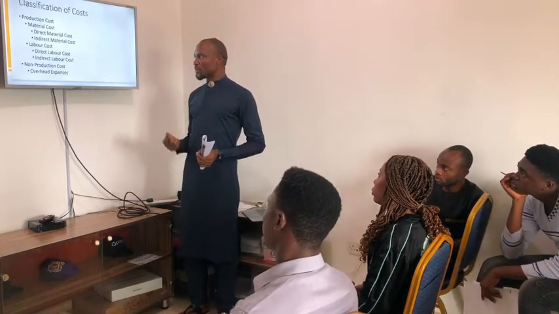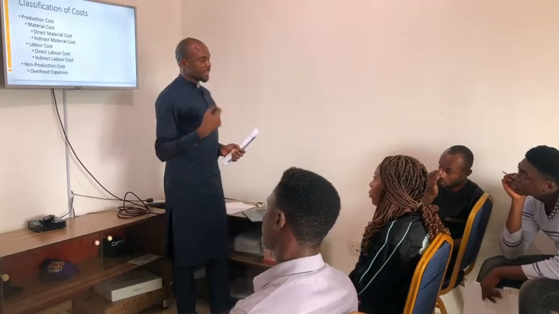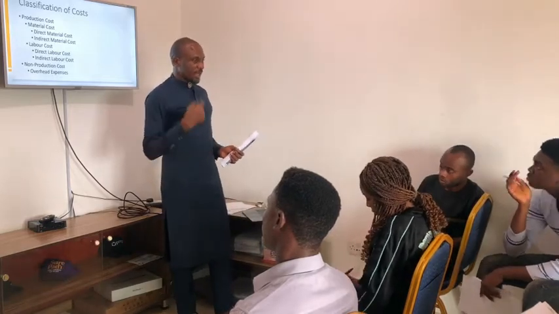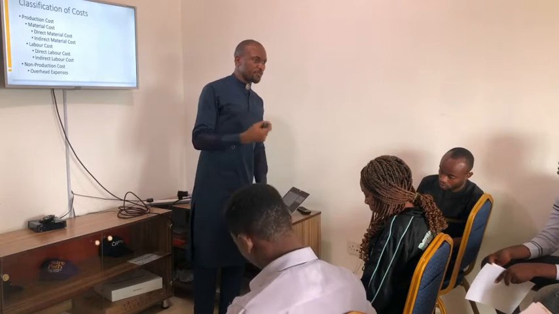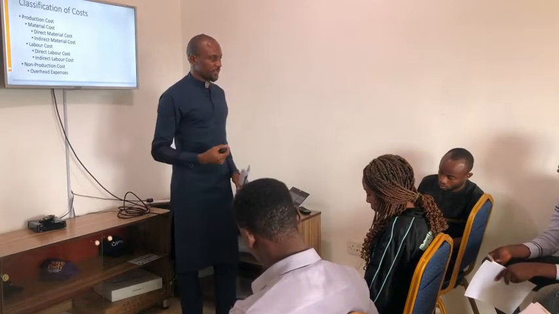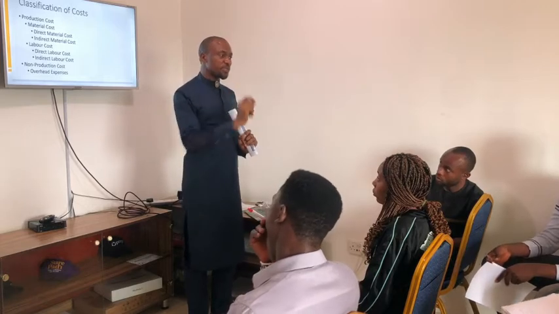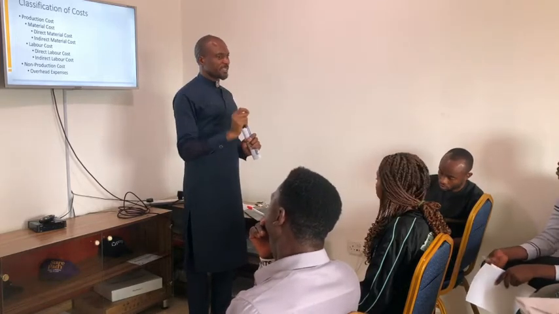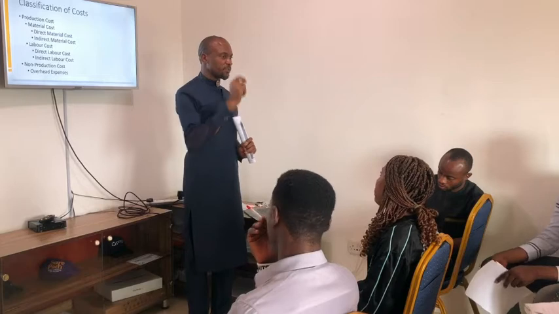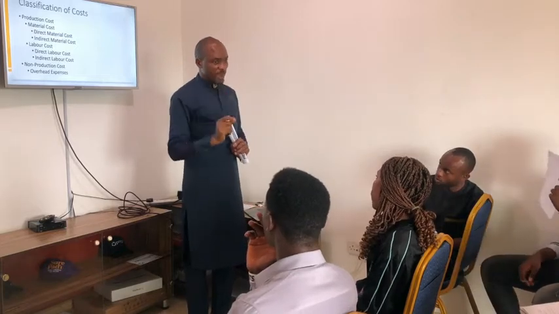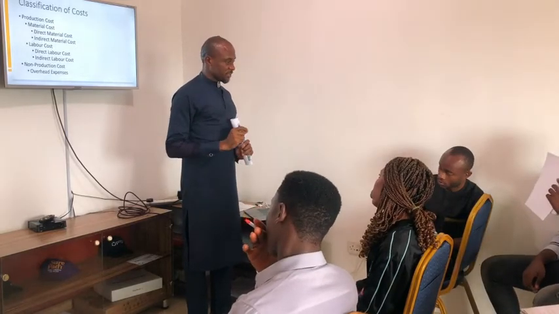And under labor cost, we have the direct labor cost and the indirect labor cost. Direct labor cost, using the same fabric, the same tailoring shop as an example, is the cost you pay a single tailor to produce a single cloth for you. That is direct. So the cost of producing that dress is 5 naira per dress.